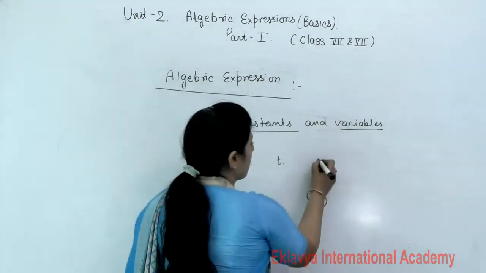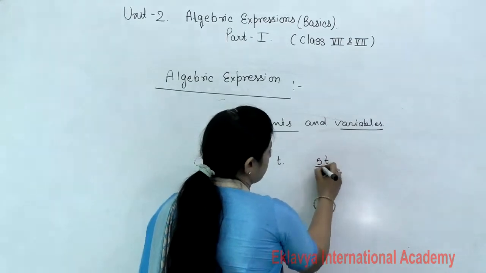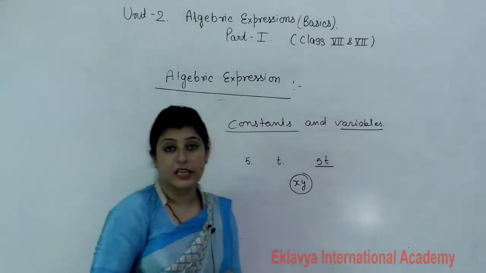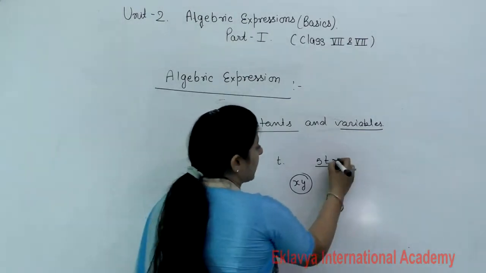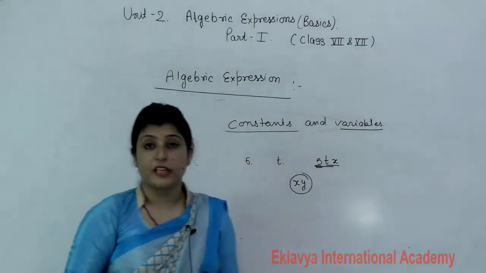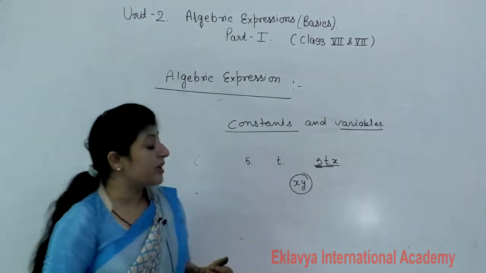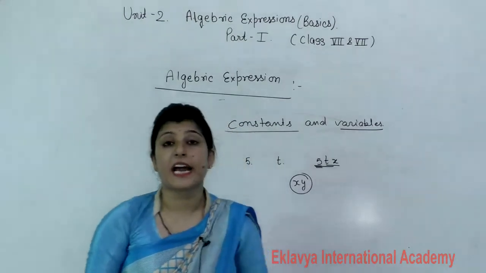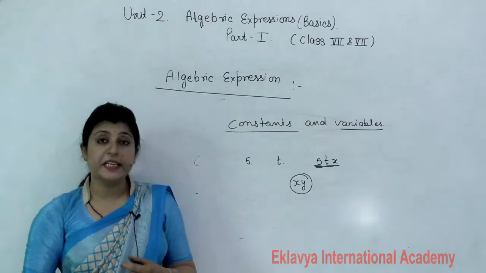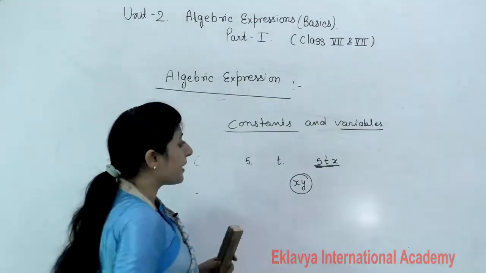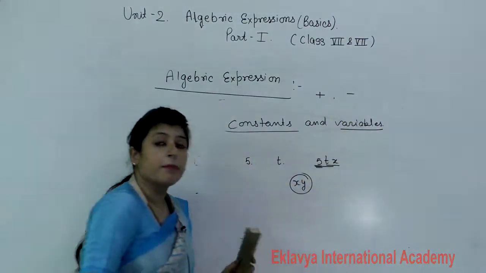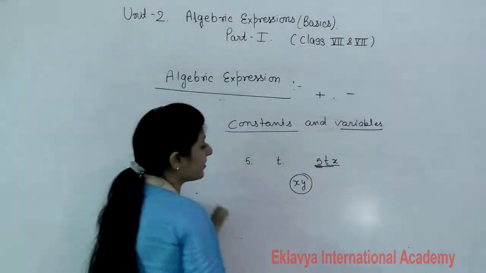It may be a group of letters, suppose xy, this is also a term. It may be a group of letters and numbers, this is also a term. So we form the terms using constants and variables, and the terms are connected by a mathematical operation, maybe plus or maybe minus.